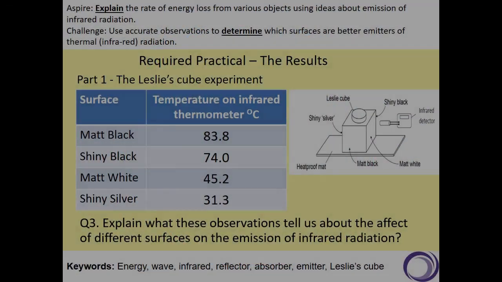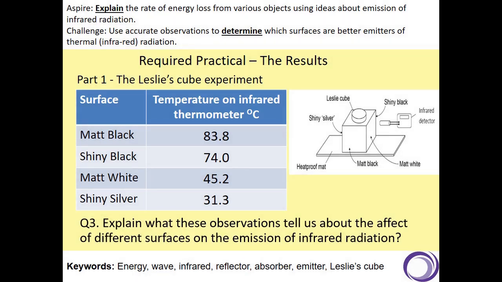Right, okay, from that we can see the one with the biggest temperature, so that's the matte black. So we can say then that with a temperature of 83.8 degrees C, the matte black surface is emitting the most infrared radiation. It's got to be a mark.